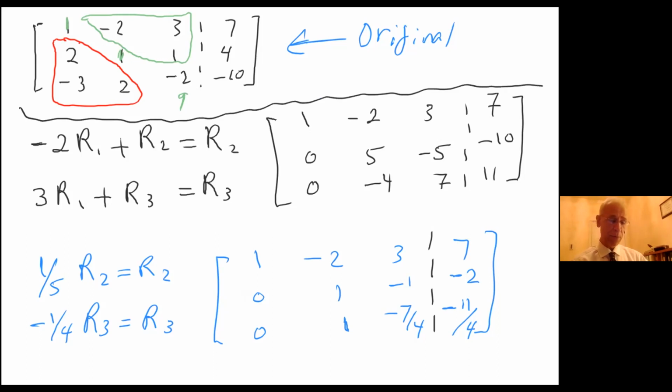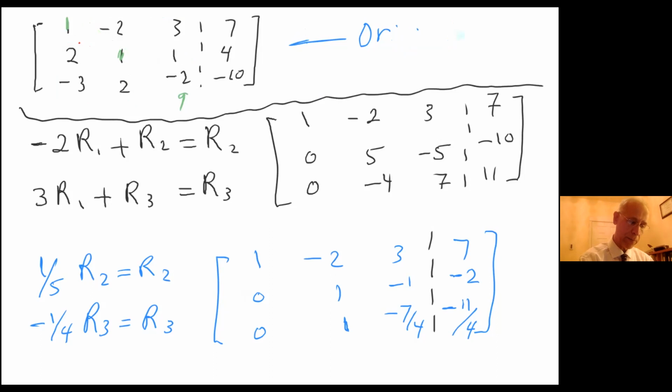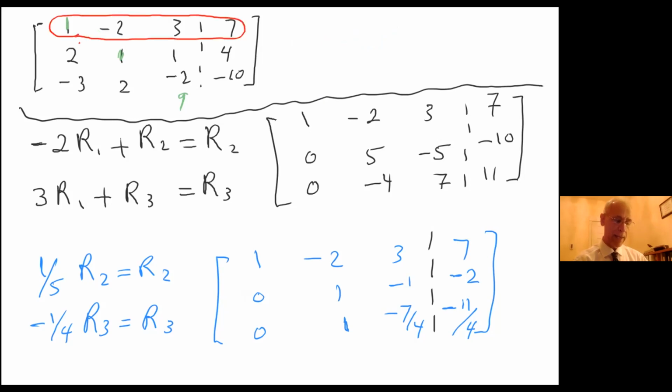Now, if I multiply row 1 by -2 and add it to row 2, and use that as my new row 2, then I'll get a 0 in here.